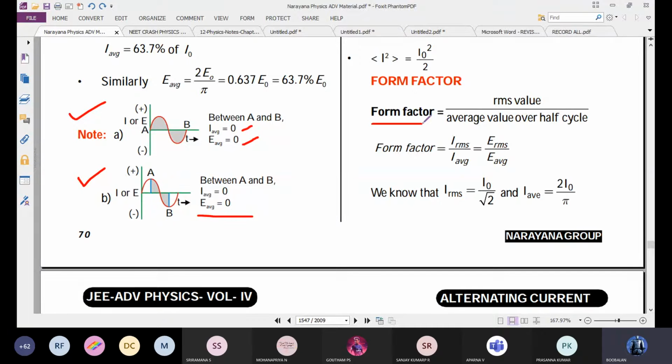Next one, form factor. The ratio of the RMS value to the average value over half cycle, not complete cycle. RMS value divided by average value over half cycle is known as form factor. I RMS divided by I average, it is equal to E RMS divided by E average. Please note down the formula.